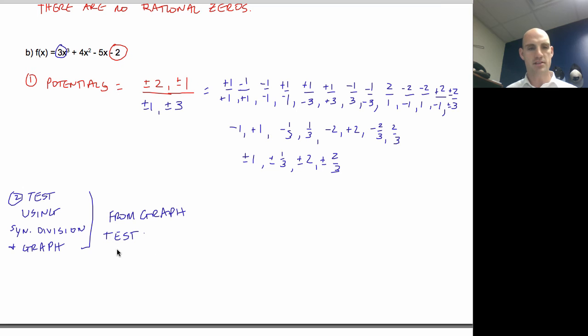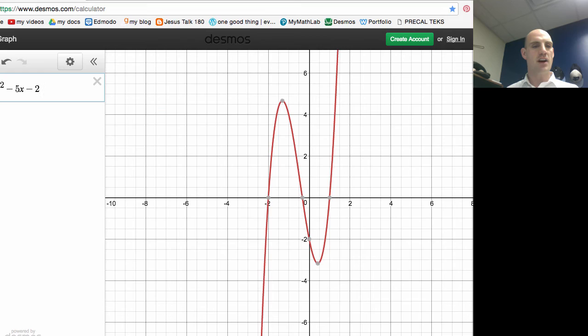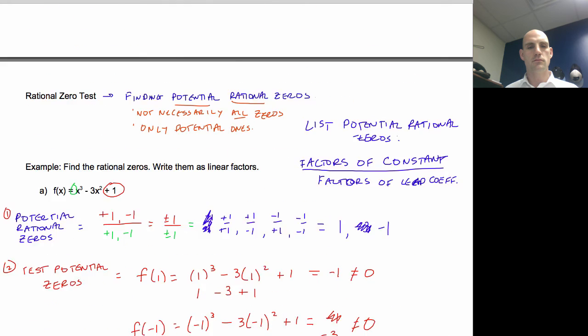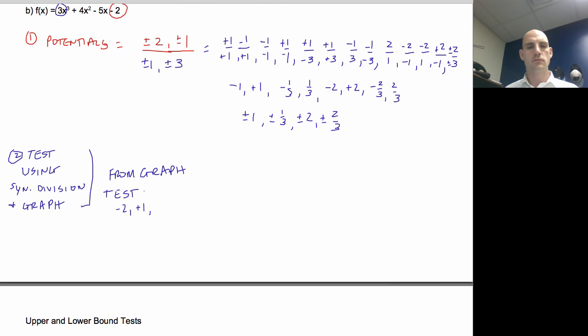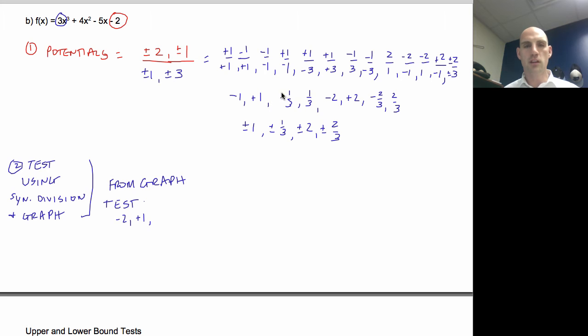And so I'm going to test negative 2, I'm going to test positive 1, and then this other one looks like it's less than 0, but not quite negative 1. What are my rational zeros that could fall underneath that? It would be close to negative 1/3. So these are the ones I'm kind of eyeballing. I want to test those.